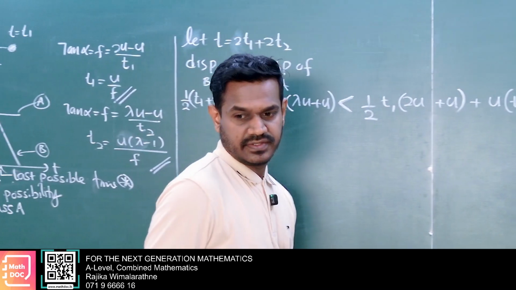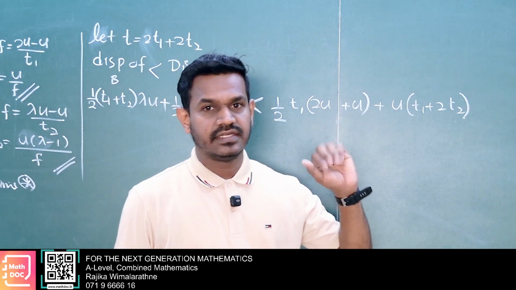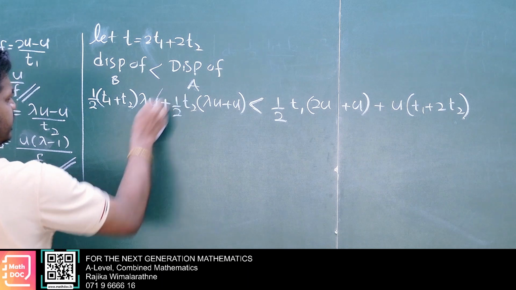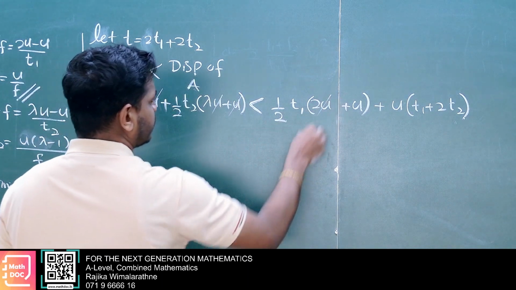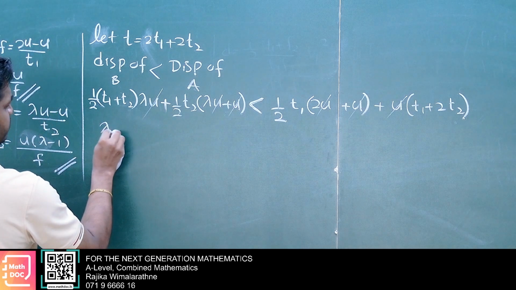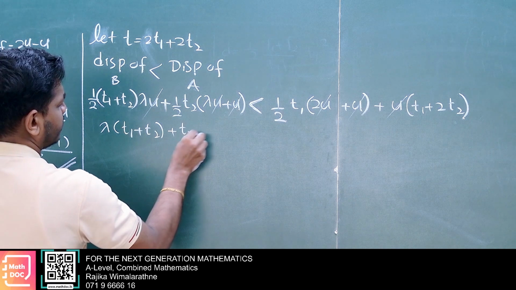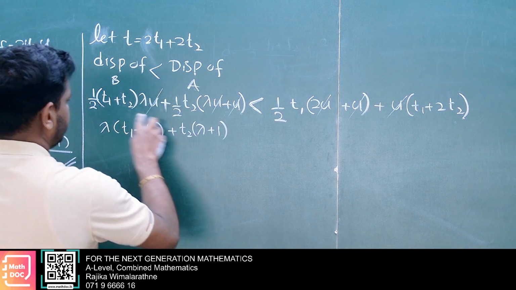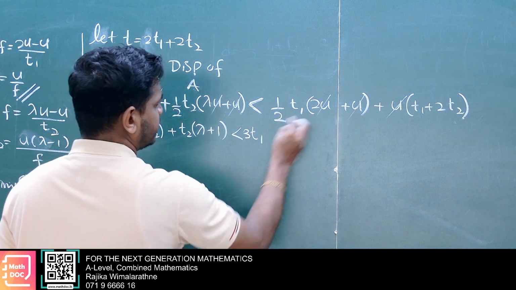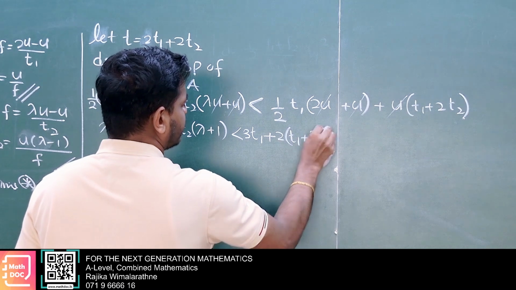Here it is. Now we have the inequality, and we have to solve that one. We know T1, T2. Before that, first remove u, then multiply by 2. Lambda T1 plus T2, T2 lambda plus 1, 3T1, 2T1, 2T2.